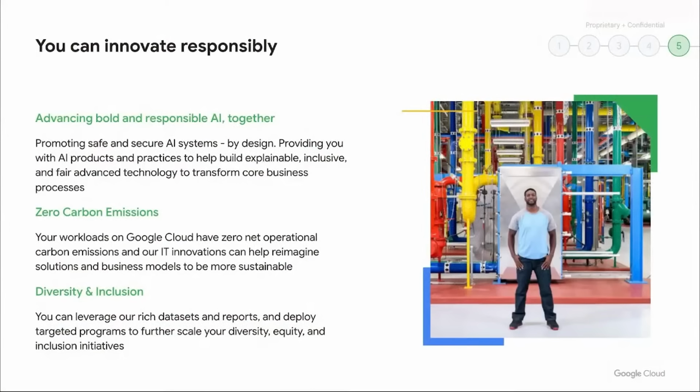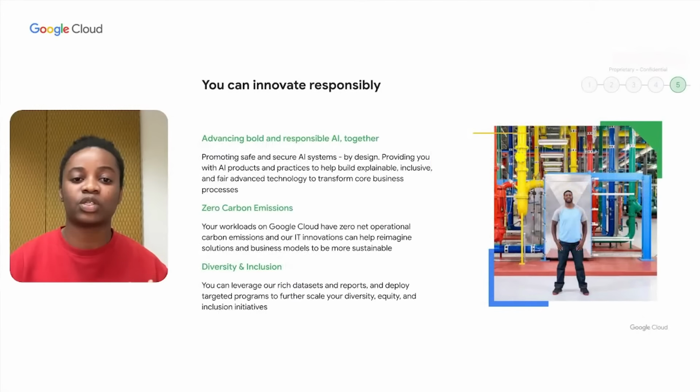And lastly, you can innovate responsibly. As I've said earlier, Google is a green cloud, first of all, and we are trying to be carbon free by 2030. Also, diversity and inclusion is a very big thing in Google Cloud. So you can leverage data sets and reports that are being deployed for very varied examples. And when we release a product, we have this responsibility mindset, especially responsible AI.